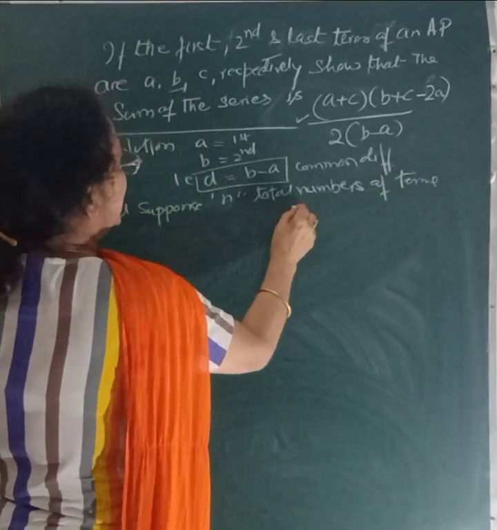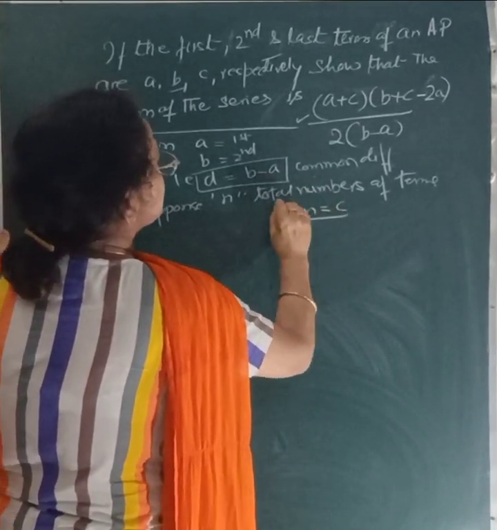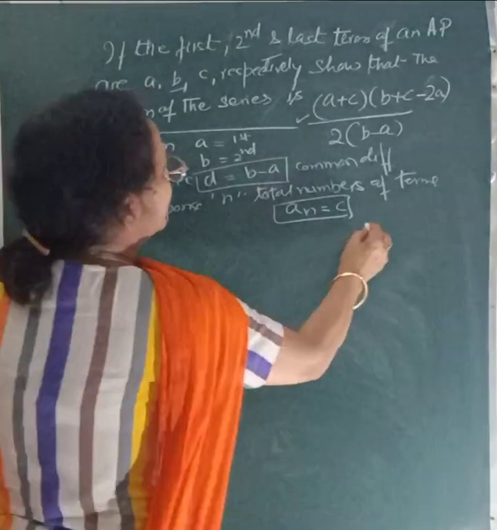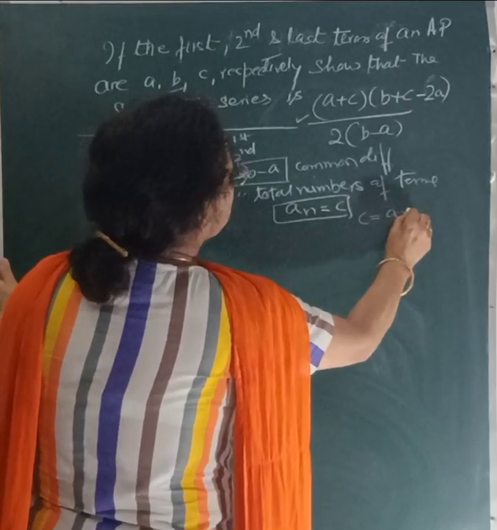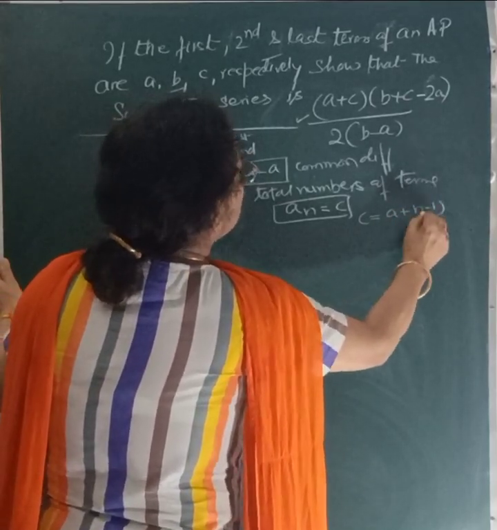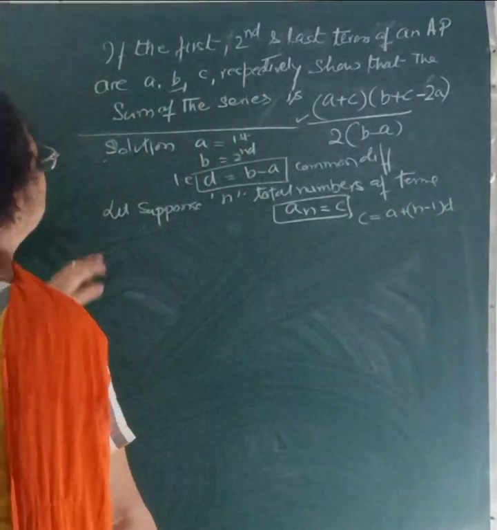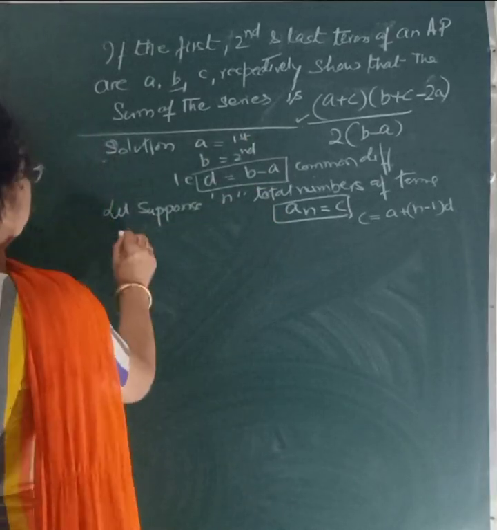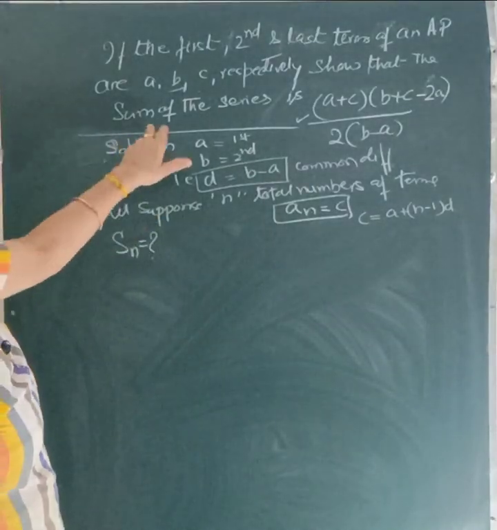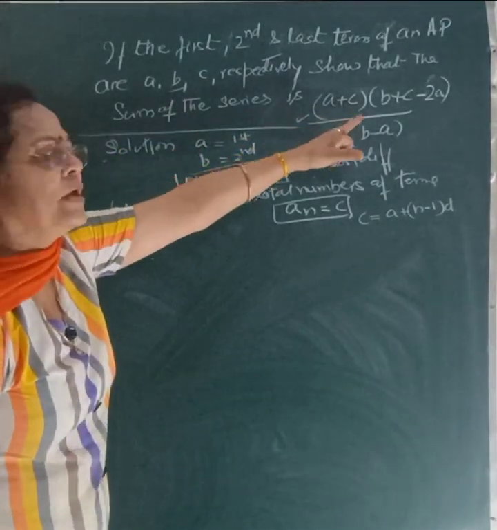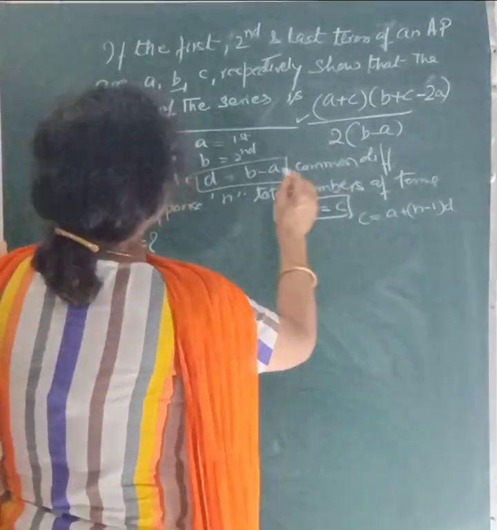It means a_n is equal to c, or we can say that c is equal to a plus (n minus 1) into d. Now we have to find the sum, it means S_n is to be obtained in terms of a, b, c.